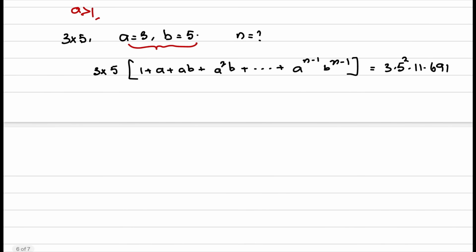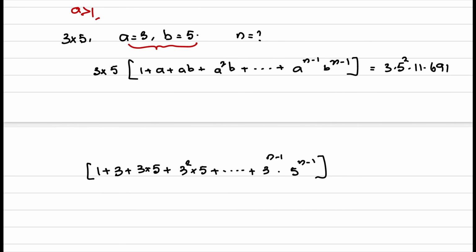Now we replace the values of A and B here: 1 plus 3 plus 3 into 5 plus 3 square into 5 plus and so on up to 3 to the power of n minus 1 into 5 to the power of n minus 1 is equal to 3 into 5 into 5 into 11 into 691 by 3 into 5.